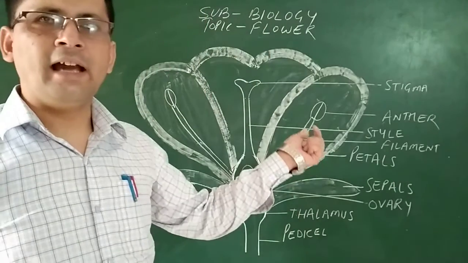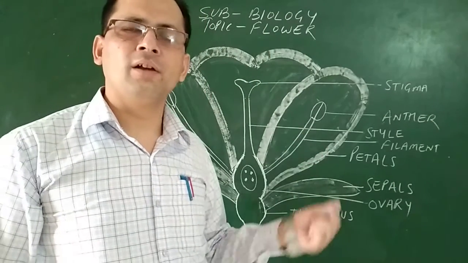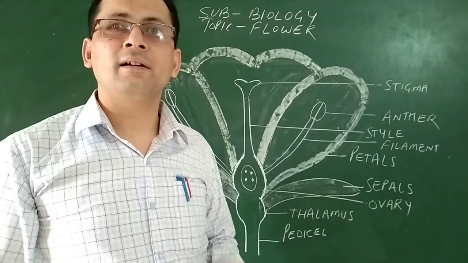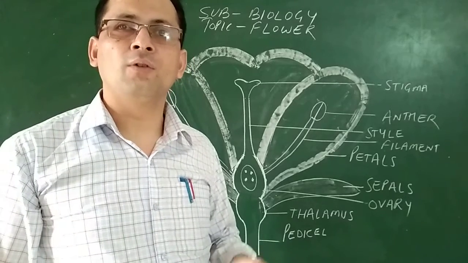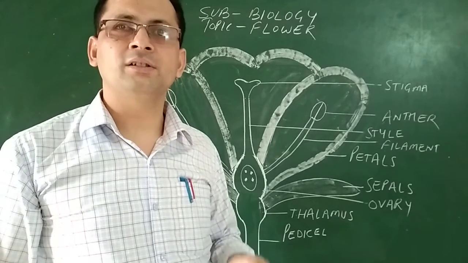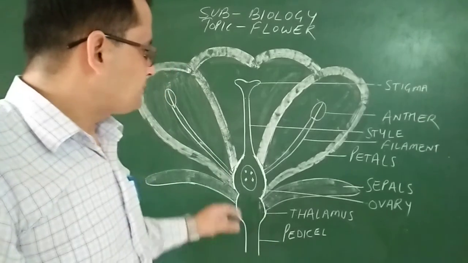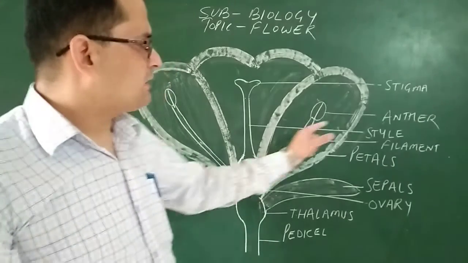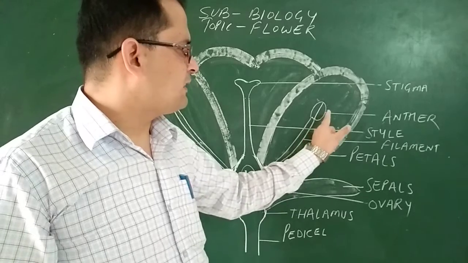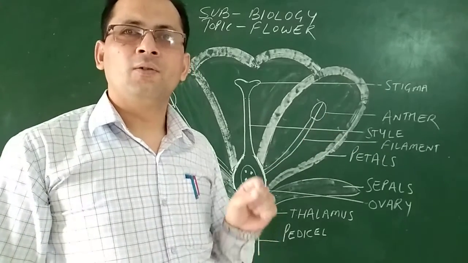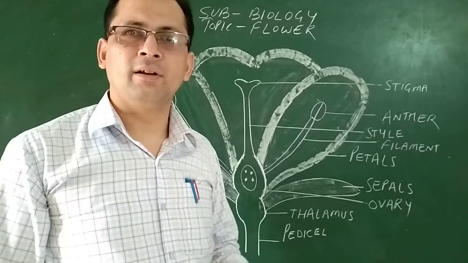Now, beta, this anther contains pollen grains, and pollen grains take part in the process of reproduction, the process of fertilization. So you can see, beta, this filament and this anther together make the male part of the flower, which is known as stamen.